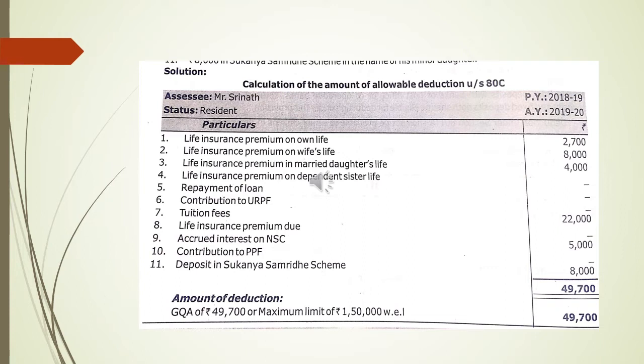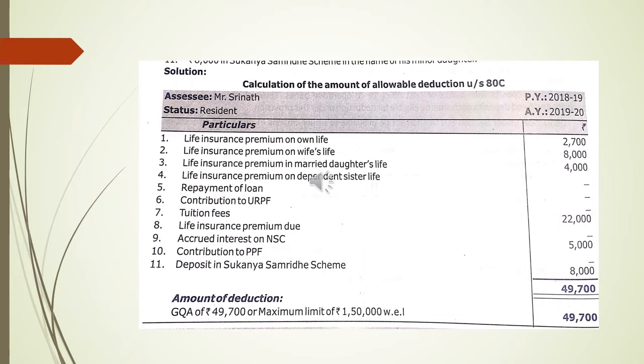Contribution to PPF, you need not claim. It is already exempted from tax. A deposit in Sukanya Samruddhi Yojana, you can claim this as deduction. So after adding all these items, the total comes to 49,700.